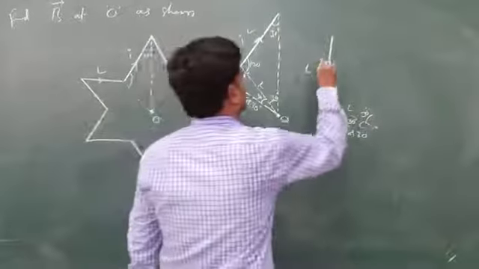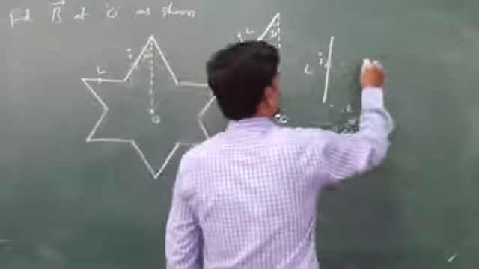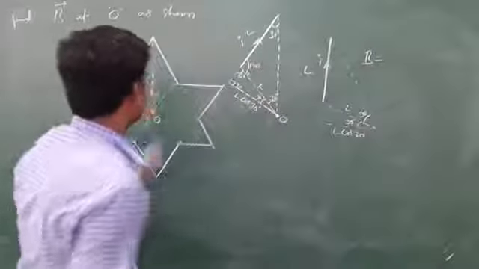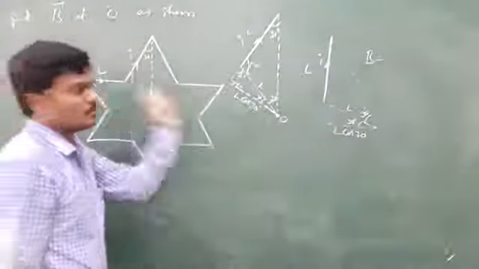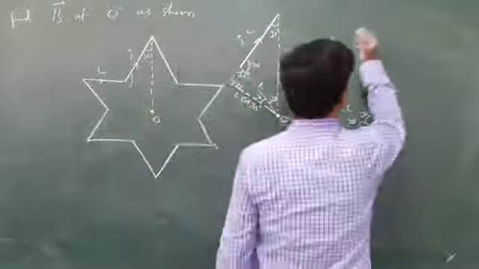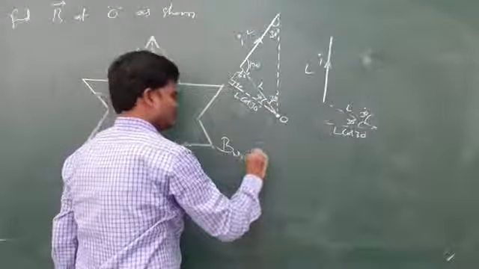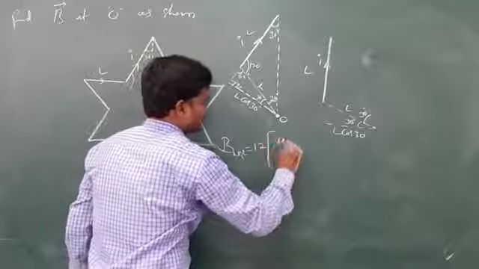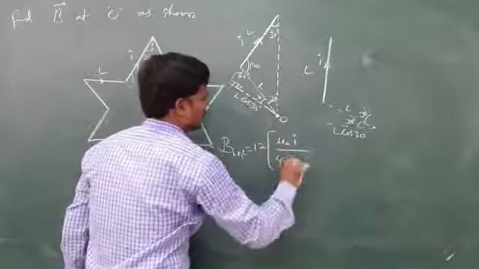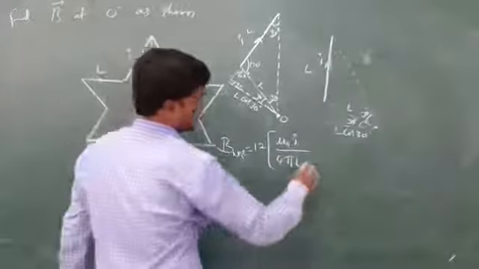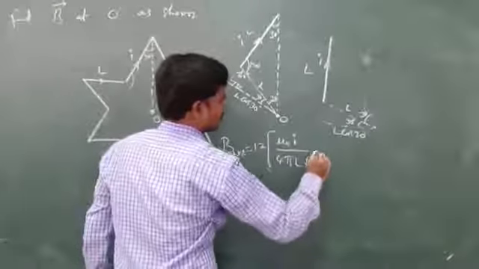So L is the length, I is the current. Due to symmetry, this is for one wire, and for all 12 wires we just multiply directly by 12. Let me write here: B net is 12 times mu naught I by 4 pi L cos 30, that is L root 3 by 2.